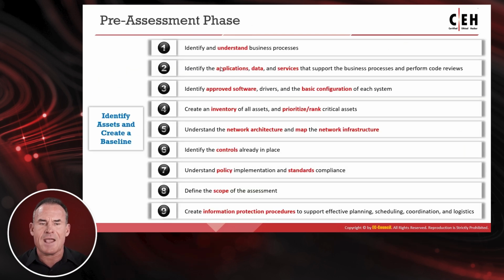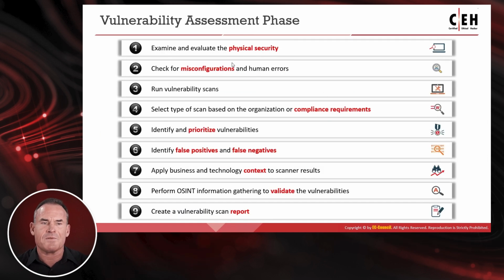All right, so the pre-assessment phase, again, inventory of assets, identify controls, understand the scope, create information protection procedures. Vulnerability assessment phase, run the scan. Select the type of scan. We're going to look at a couple different flavors of scans here in just a second. Examine physical security, which you don't really scan for.